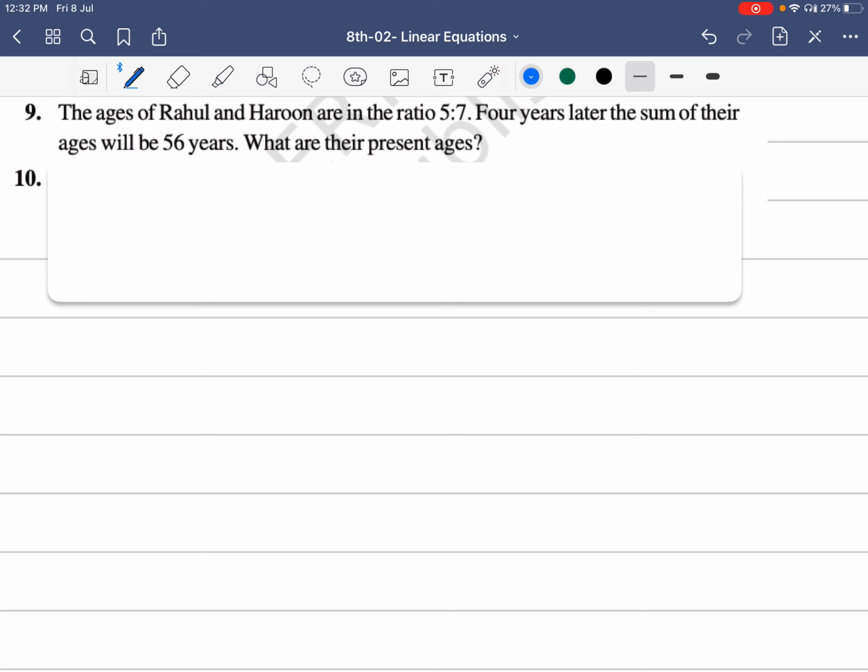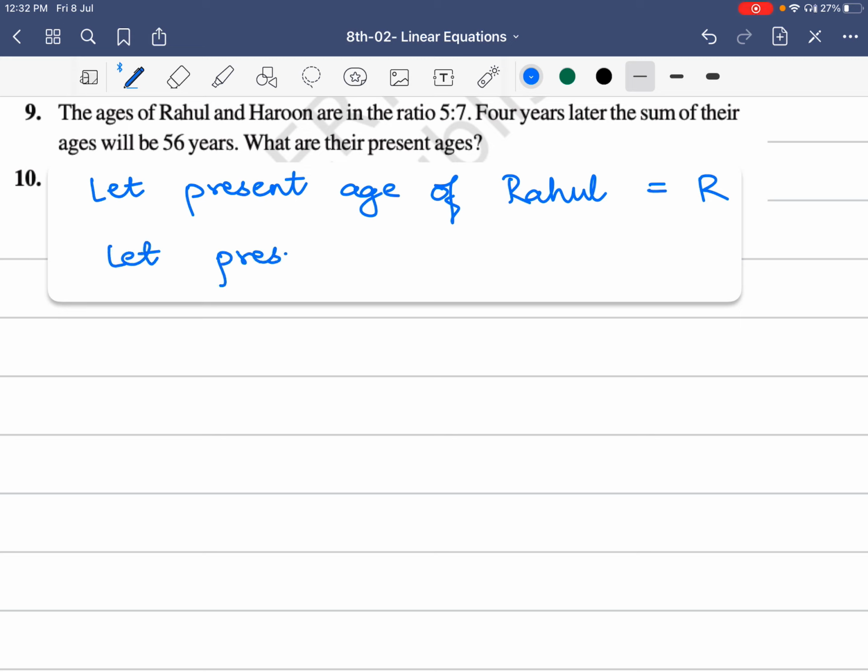Okay, so let's start with very simple two variables. We will say let the present age of Rahul be equal to R, and let the present age of Harun be equal to capital H. Simple to understand.